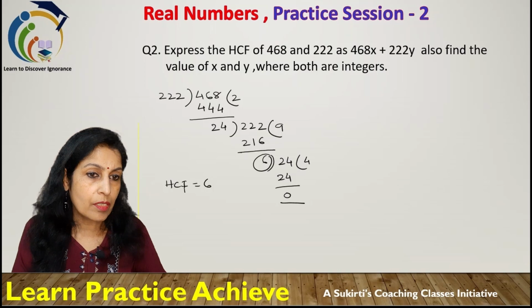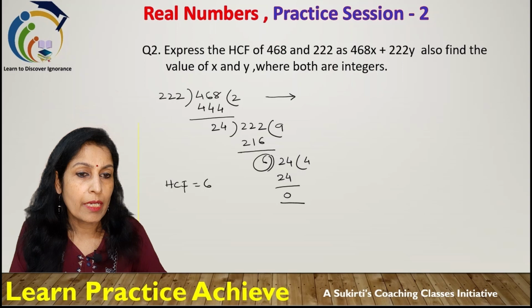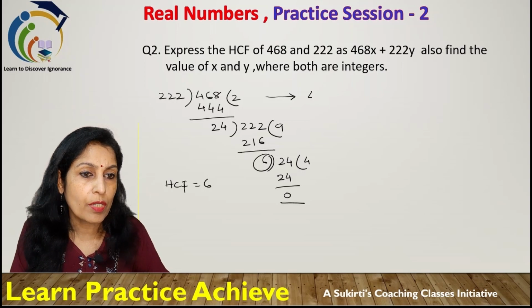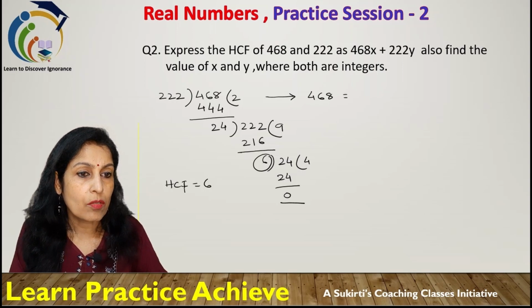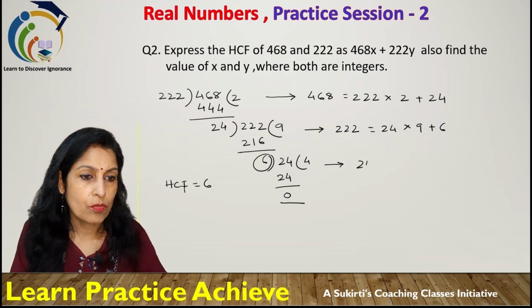Now we can write this according to Euclid's division lemma. So 468 is equal to 222 multiplied by 2 plus 24. Now this can be written as 222 is equal to 24 into 9 plus 6, and the third part, 24 is equal to 6 into 4 plus 0.